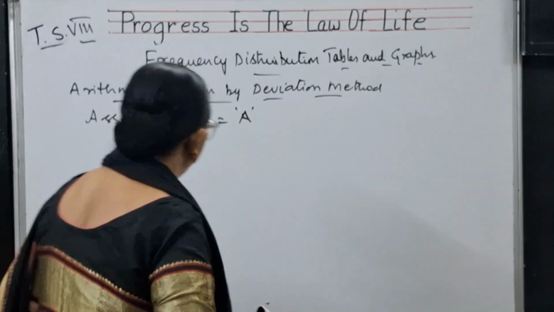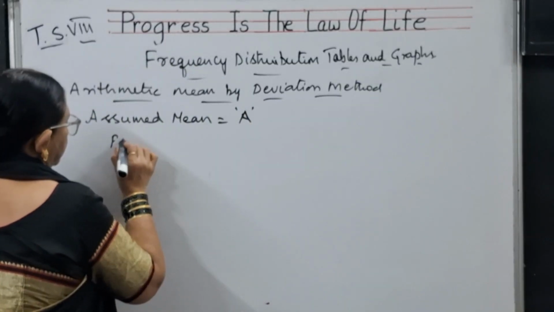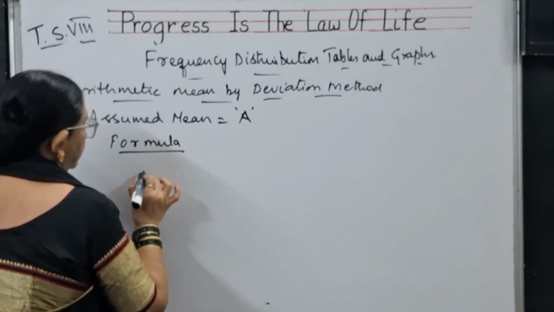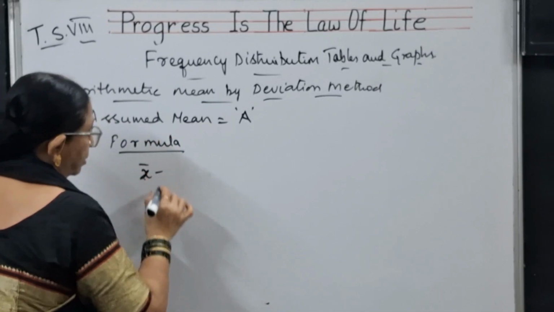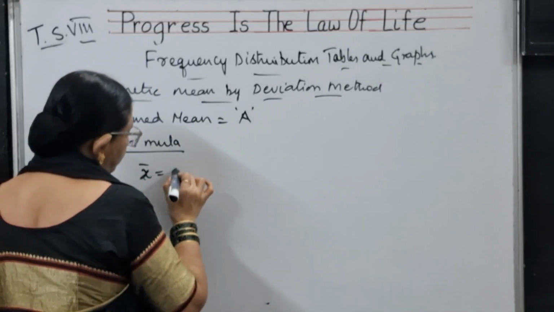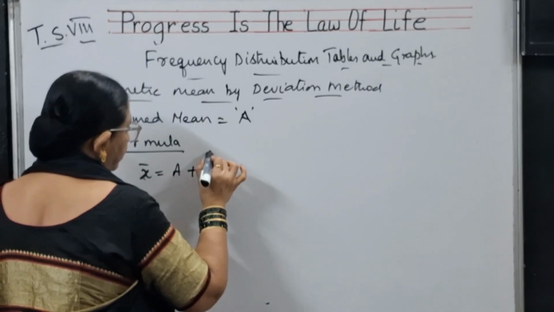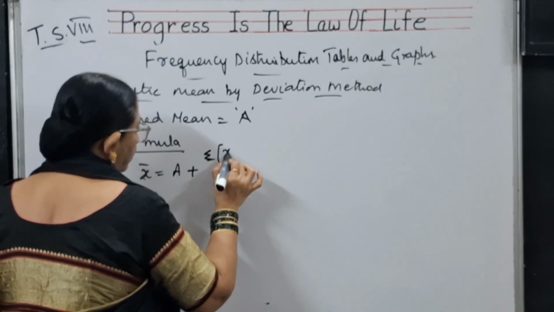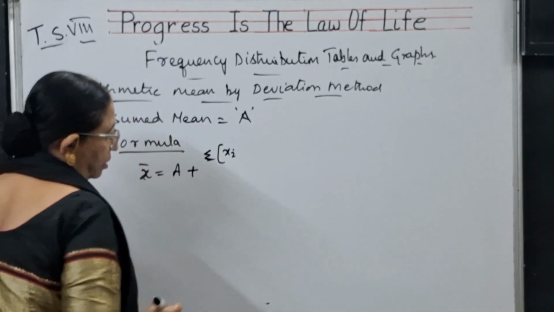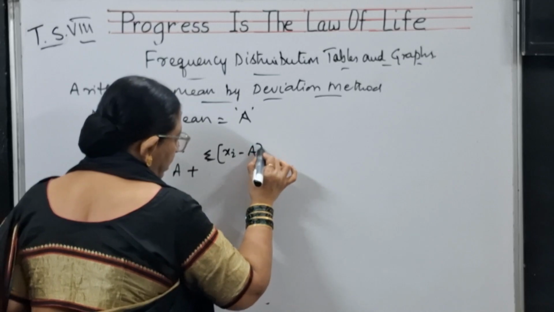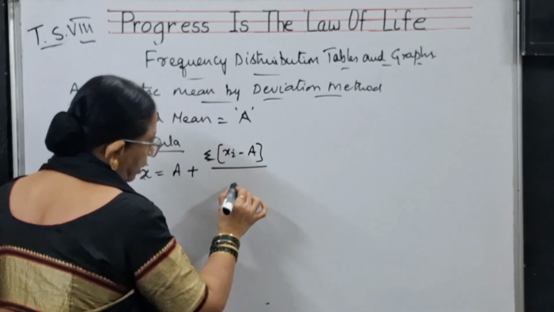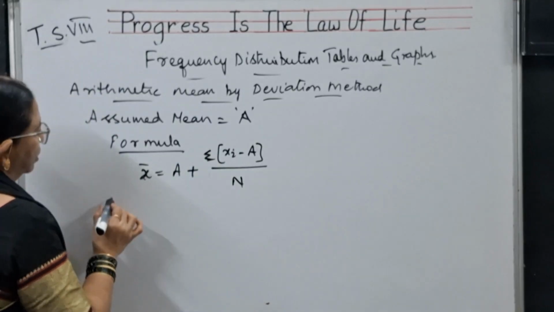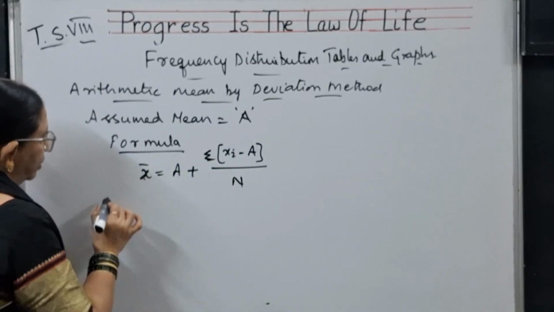So what is the formula for this calculation by assumed mean? That is x bar is equal to assumed mean plus sigma of xi minus a divided by n. So in this, what is xi, children? Each and every term we will write.